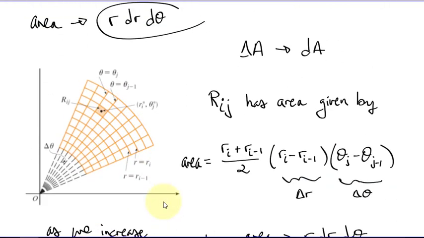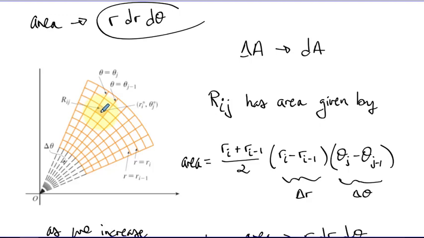Another picture of what's going on there is that some region in the two-dimensional plane I'm dividing up into little sectors, and I want to evaluate the function at each of these points. As my small incremental amount of area becomes a differential in area, that region that we could call R sub ij is one of these ultimately infinitely many. There's a finite number at first, but as they get smaller and smaller, it becomes an infinite number of these little polar regions.